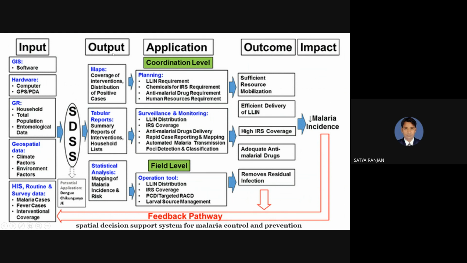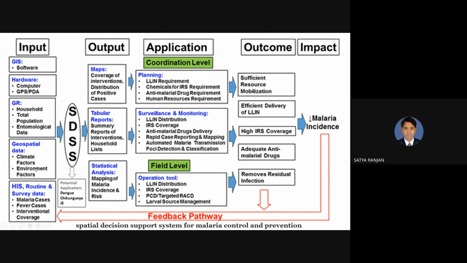So in this, there is the input of some GIS software, then hardware, that is computer and GPS data, then household data, ground data, total population, entomological data, then geospatial data like climate factors, environmental factors, and temperature.